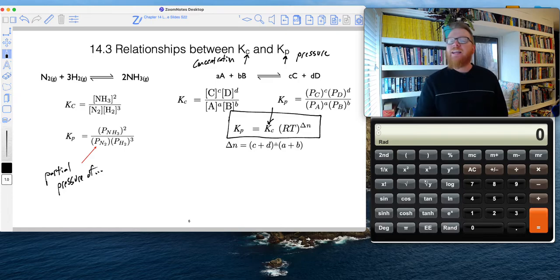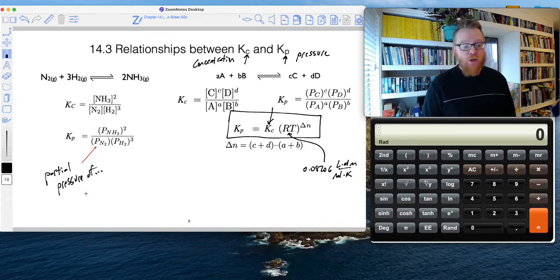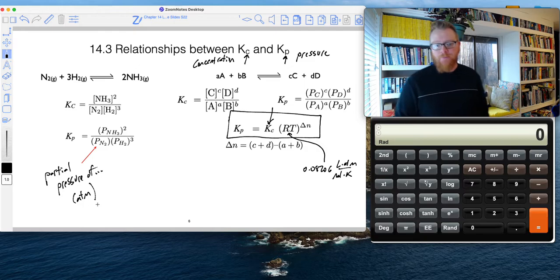We can convert that into Kp by multiplying the Kc constant by the constants R and T. So we remember R is the gas constant, 0.08206 liter atm per mole per Kelvin. And so that means, of course, these partial pressures need to be in atmospheres.